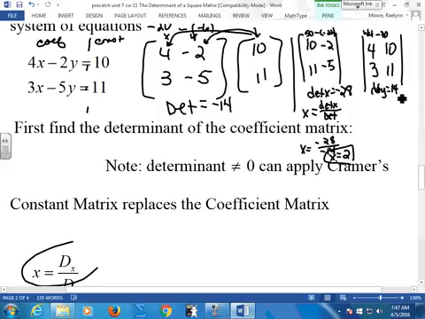And again, you're going to use the same formula: determinant of y over the total determinant. So you're going to put 14 over negative 14, and y is equal to negative 1. So we have an x and a y.